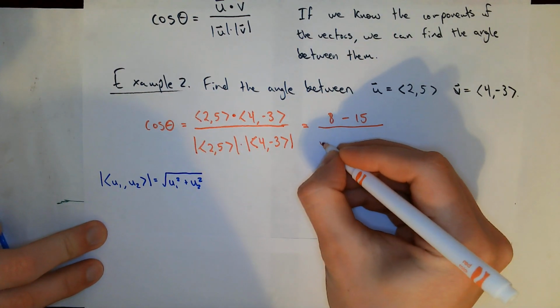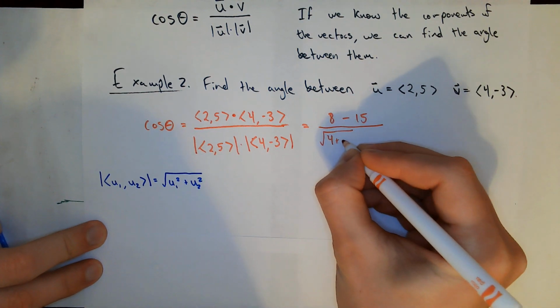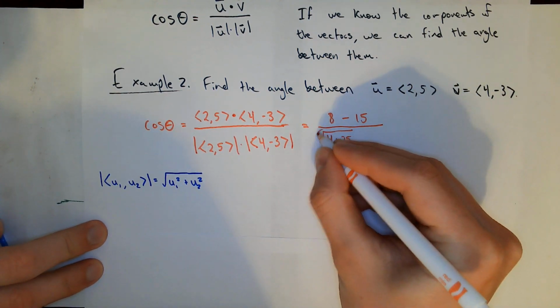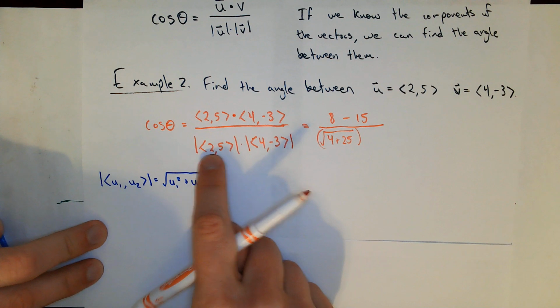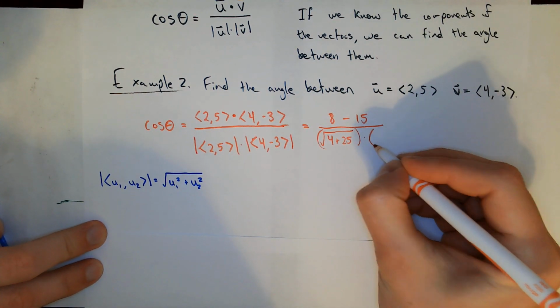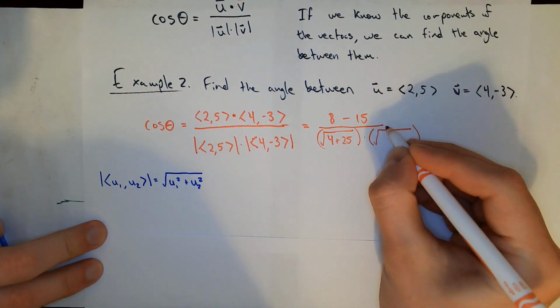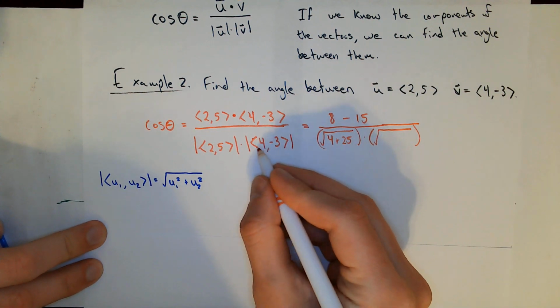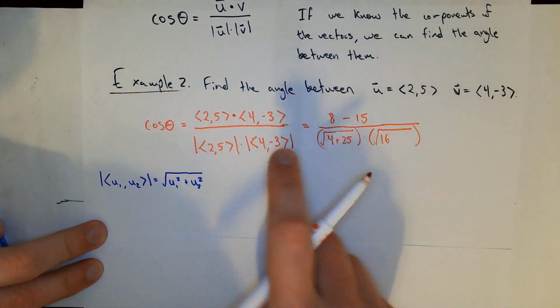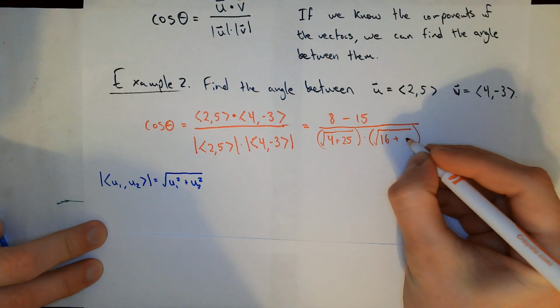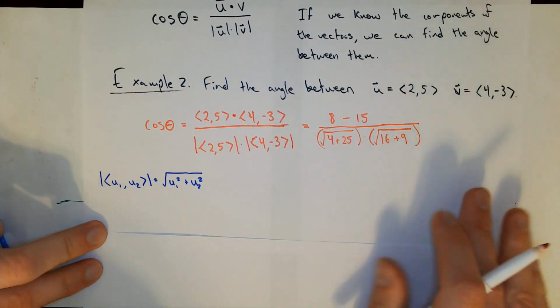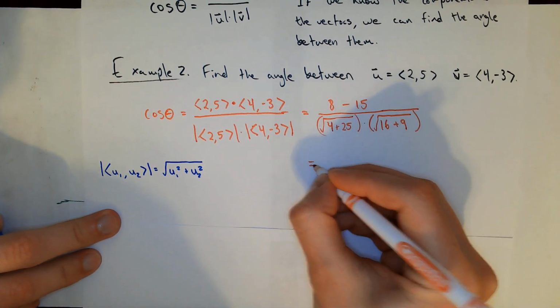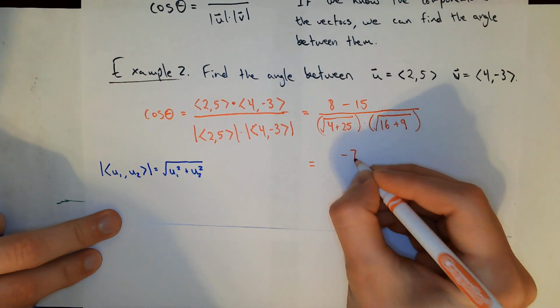So I'm going to have the square root of 4 plus 25, probably wrap that in parentheses, that's the first one. And then times the square root of 4 squared, which is 16, plus -3 squared, which is 9, so plus 9. All right, so I've got some algebra to do here. First of all, in the top, that's easy, -7.